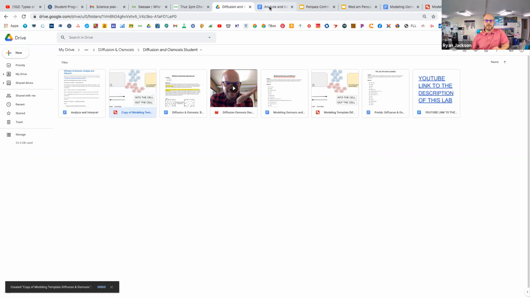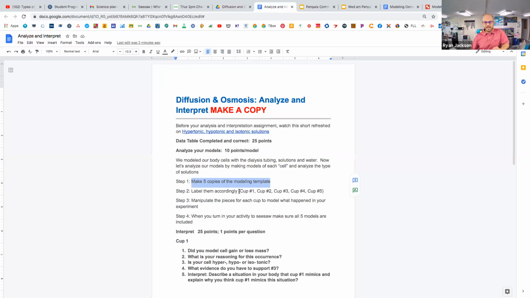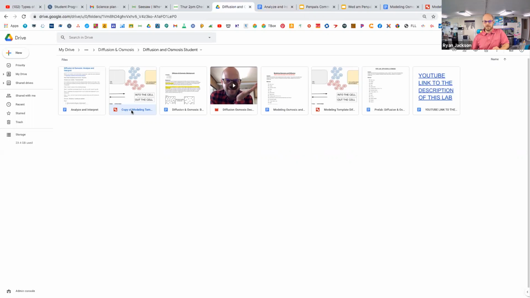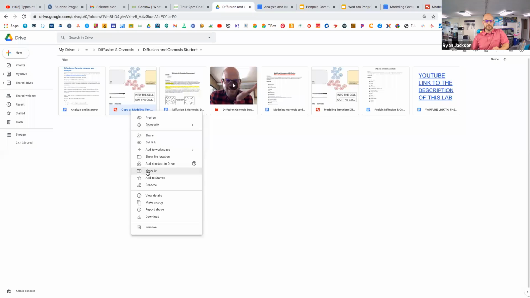But here's what you have to do next. You have to label your copy, cup number 1, your first one. So you go back, and now I have a copy of it. And again, don't put it in this folder, because I don't want to see tons and tons of copies in here. This needs to be in your own folder. And you need to rename this one.